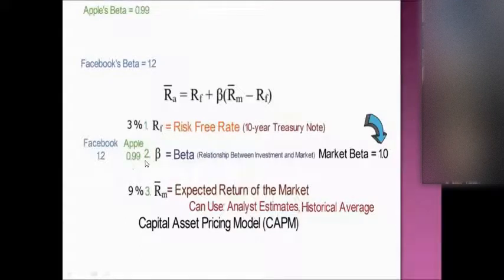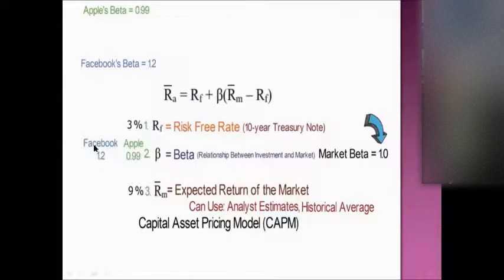So etong si Apple, close siya sa 1, so halos susunod lang siya dun sa movement ng stock sa market. Sabi nga dito, class, the greater the beta of a firm, greater than 1, ibig sabihin nun, greater ang kanyang systematic risk. Pag lower than 1, lesser din ang kanyang systematic risk.